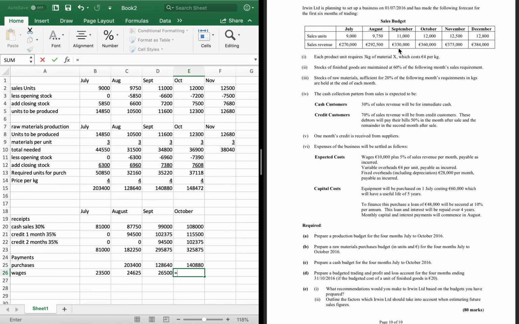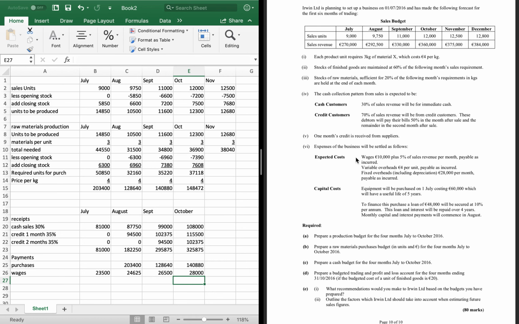The fourth one, 5% of 360 and then add on 10,000. So 10,000 wages and then adding on your commission on top of it. Okay, so that would be new that year, but that should have been straightforward enough to work out.